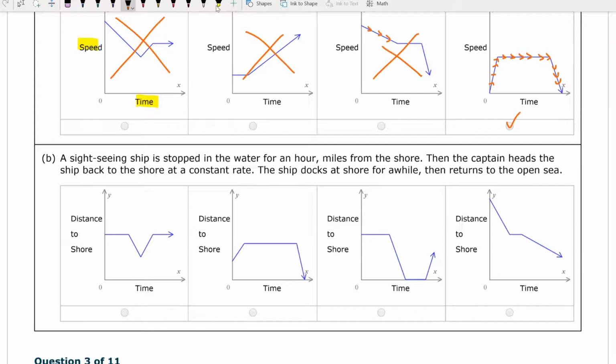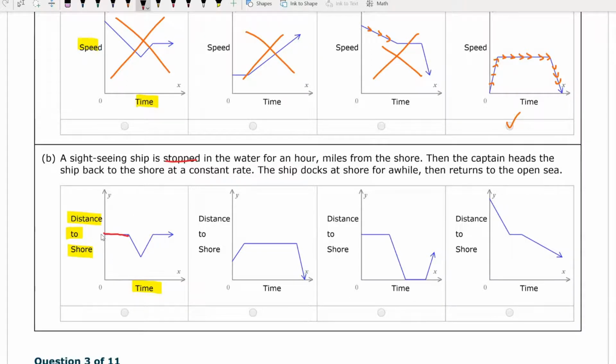So we're going to look at the x and y axis. The x represents time, and the y represents the distance to shore. Alright, we're going to look at the first graph. As time goes by, the distance from shore stays the same because the ship is stopped in the water miles from shore.